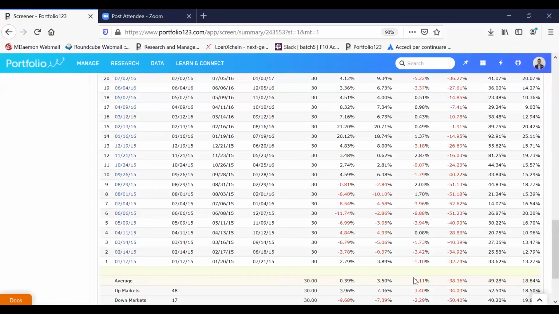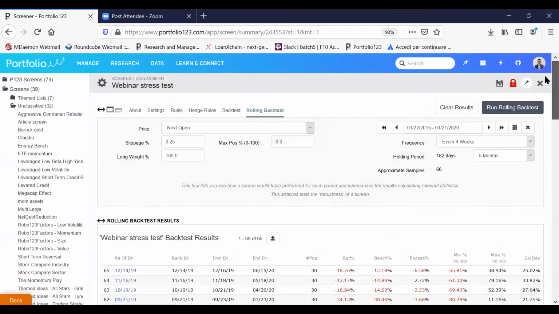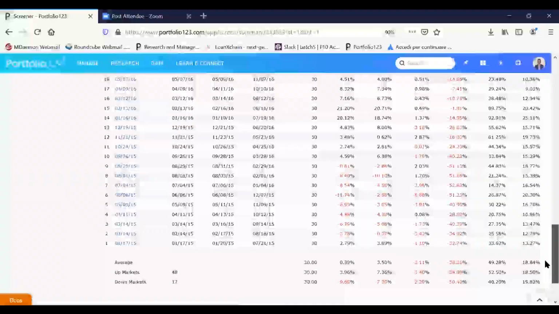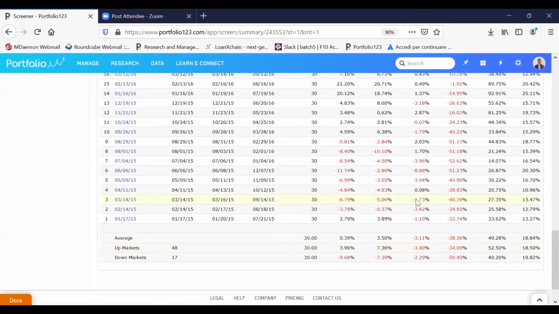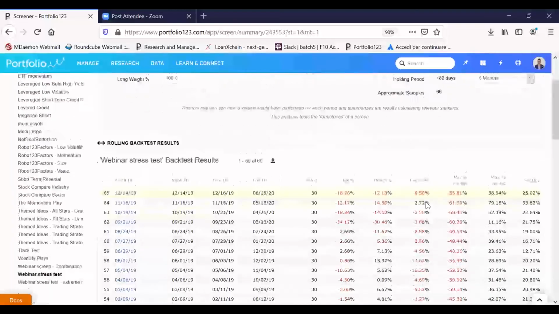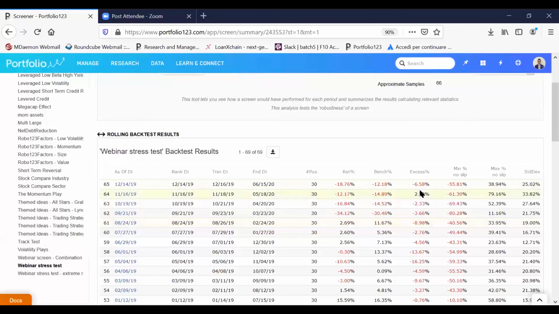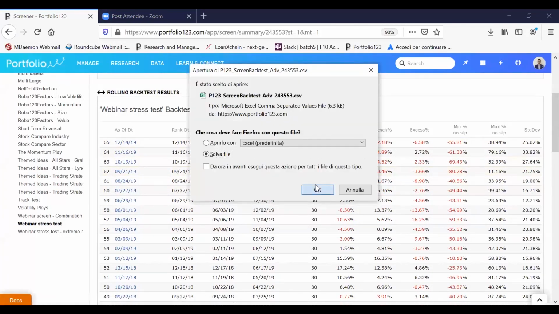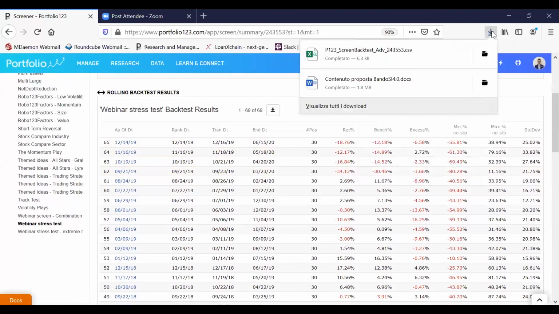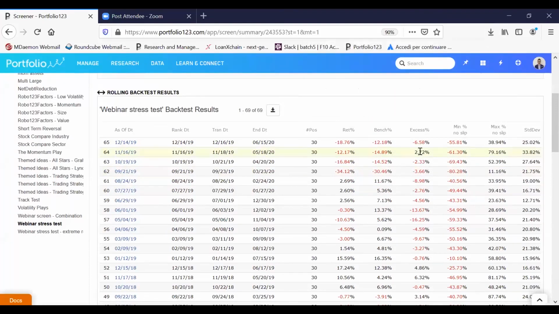So in here, you can see the average excess return, which should be positive, of course, for a strategy to be considered. And a very useful indicator is also to look at the standard deviation of excess return. You can easily download this to an Excel spreadsheet, as pretty much every data on the portfolio.